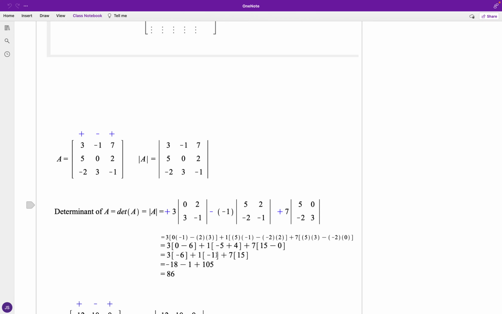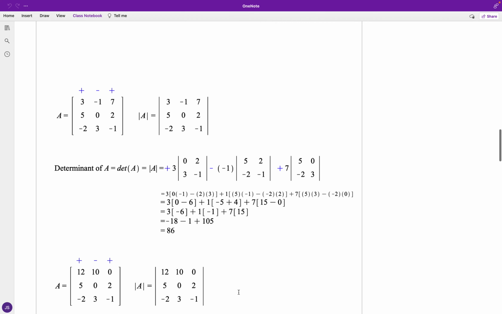So we have 1 times -1 is -1. Then we have 7, and the 2 by 2 determinant in this case is 15 minus 0, which is 15. So we have 7 times 15 is 105. Clustering together, -18 minus 1 is -19. In turn, -19 plus 105 comes out to 86.